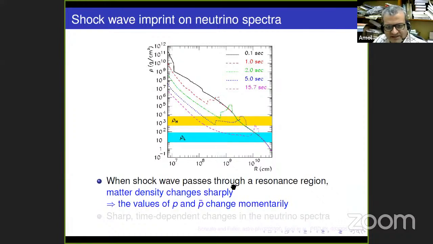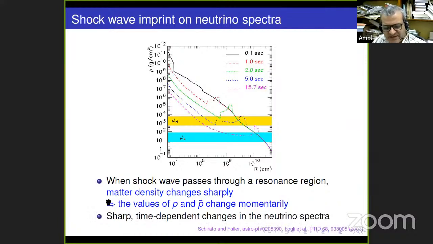So when the shock wave passes through the resonance region, between 2 to 5 seconds, matter density changes very sharply, and therefore, just for that tiny amount of time, the values of P and P bar will change. So if you look at the neutrino spectra, you will observe sharp changes in the probability, and these will depend on time. Between 2 and 5 seconds, you see something is happening.